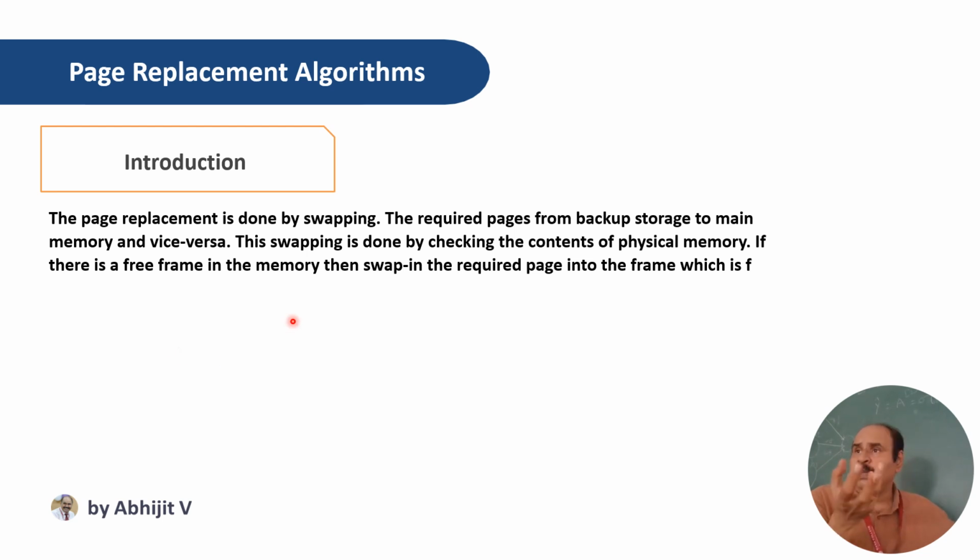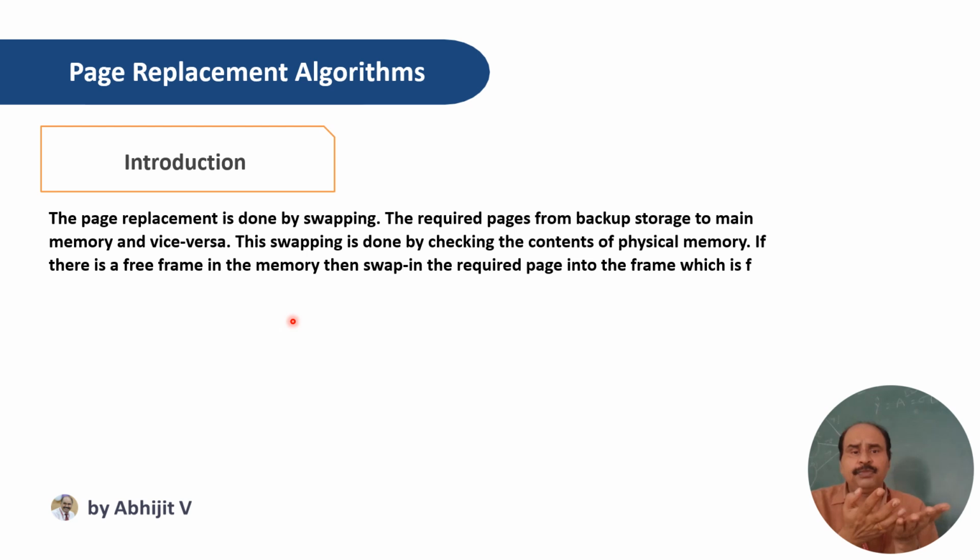So page replacement is nothing but swapping. Whichever page is required, one after the other, it has to replace, so that the processor is effectively utilized. You have a backup storage, and from that storage to the main memory, you access the page and you give it back once the process is over.